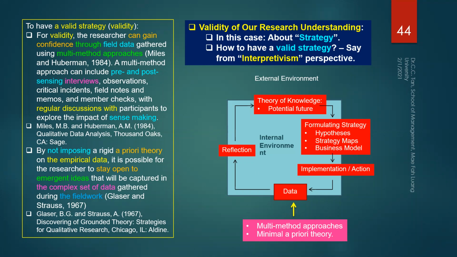For example, in interpretivism, we assume that reality is mind-made, and therefore the validity of your strategy coming from that particular ontological situation is that there is a very minimum of a priori theory that you should apply.